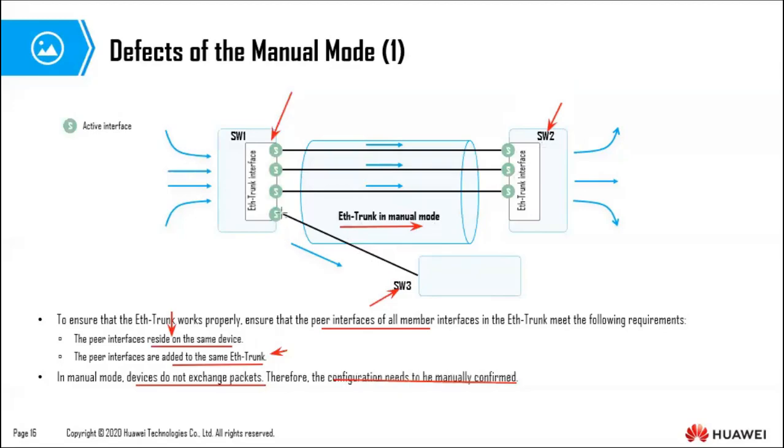The mistake we've made here is this link, for this Ethernet trunk to work properly, is supposed to be connecting to switch 2. But we've added this interface to this Ethernet trunk, and it's connected to a different switch. So are you seeing that we are going to forward data incorrectly? We are going to load balance some data and send it to the wrong switch. Are you getting the point? So all the peer interfaces must be added to the same Ethernet trunk and must reside on the same device. So remember that.